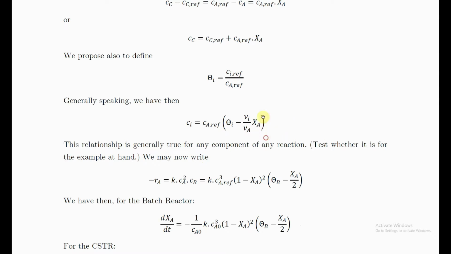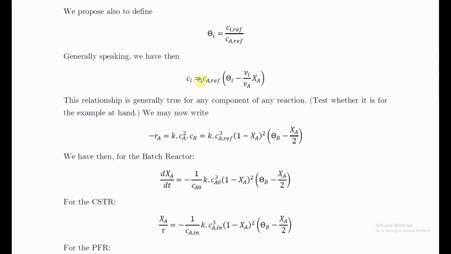Right, so we can now exploit this, and use that to translate all our concentrations in our reaction expression into conversion. Because it's an elementary reaction, we have this expression. And even if it's not an elementary reaction, if there are a bunch of hidden steps that we don't know about, we can still do some experiments in the lab and figure out a rate expression.